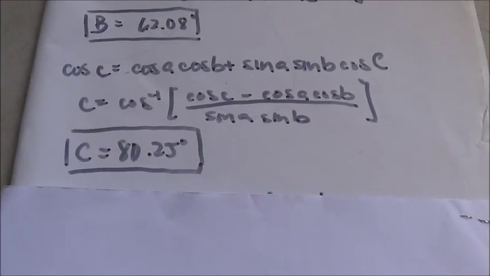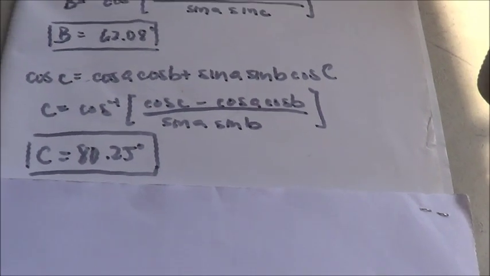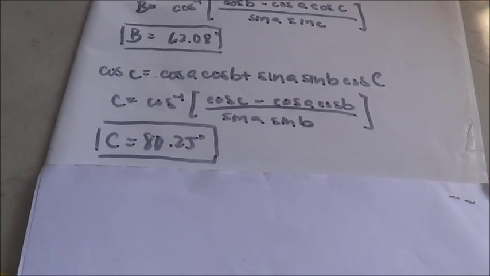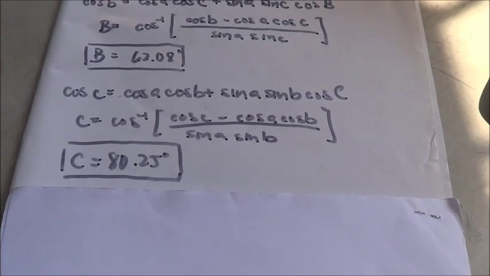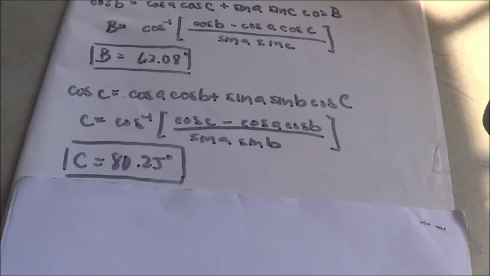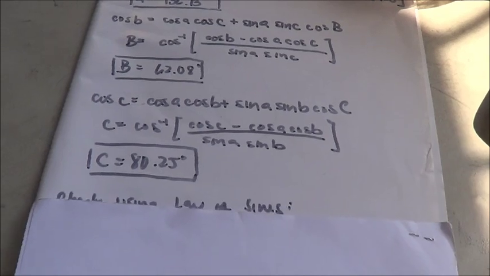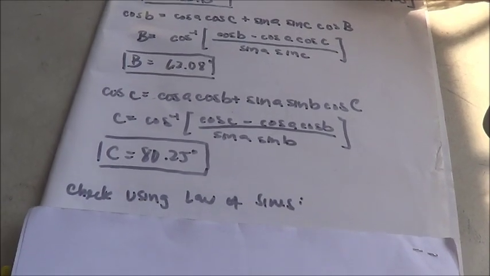I'm sure you're wondering why we only use the law of cosines. Well, personally, I only solve using the law of cosine because if you use the law of sines, there is possible ambiguity, so I try to avoid it. I only use the law of sine to check, so let's try to use the law of sine to check.